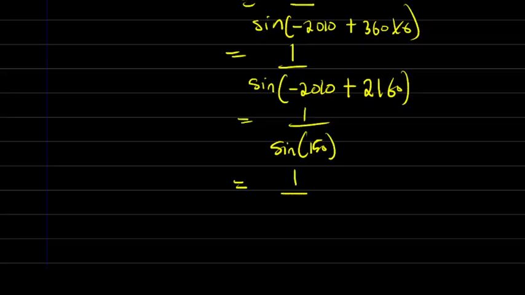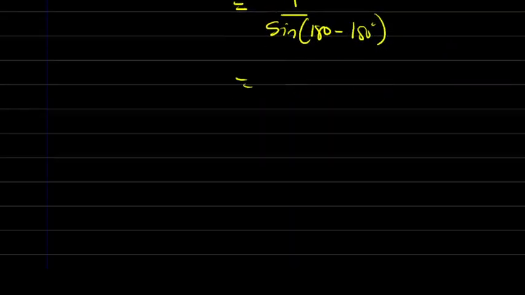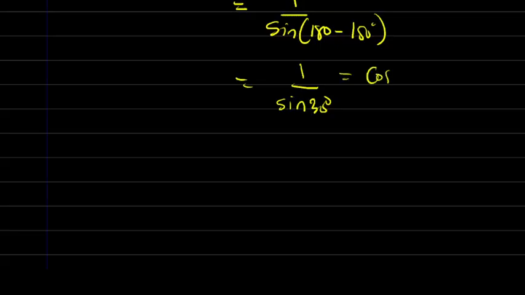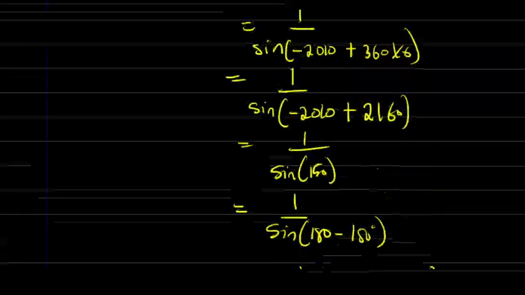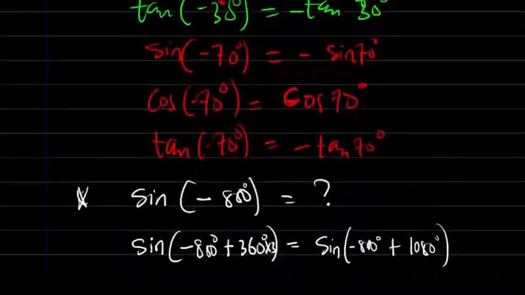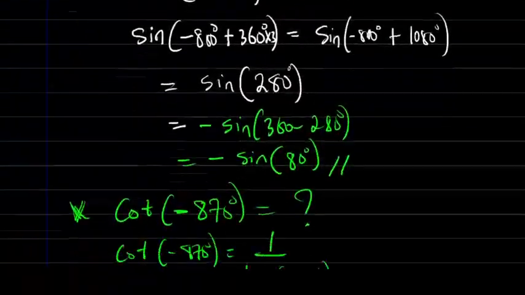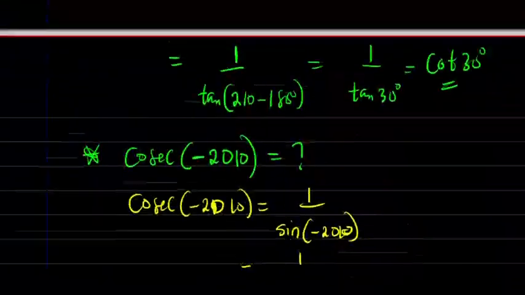So we have sine of 180 minus 150, because it is 180 minus theta. That gives 1 over sine 30 degrees, and that's cosec 30 degrees. Very simple. I think with this you should be able to handle anything regarding negative or positive angles.